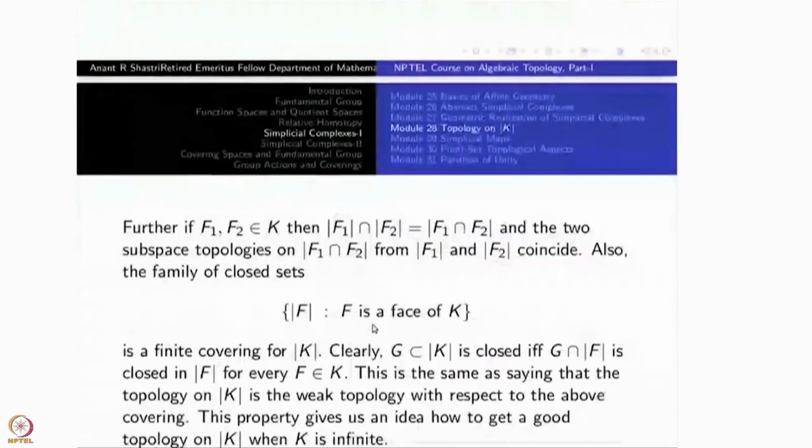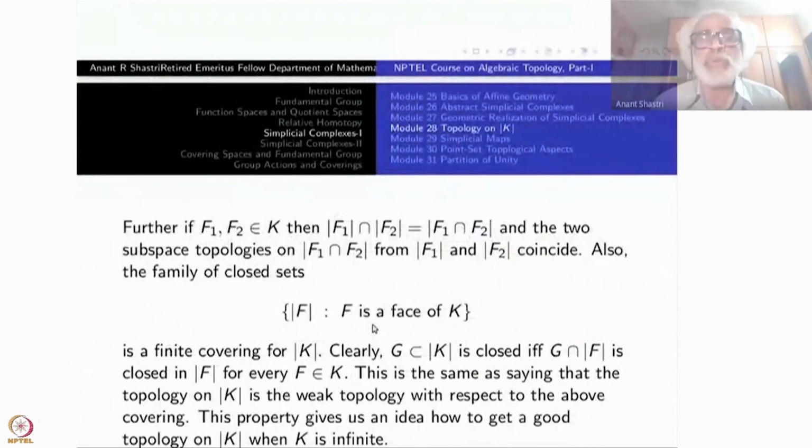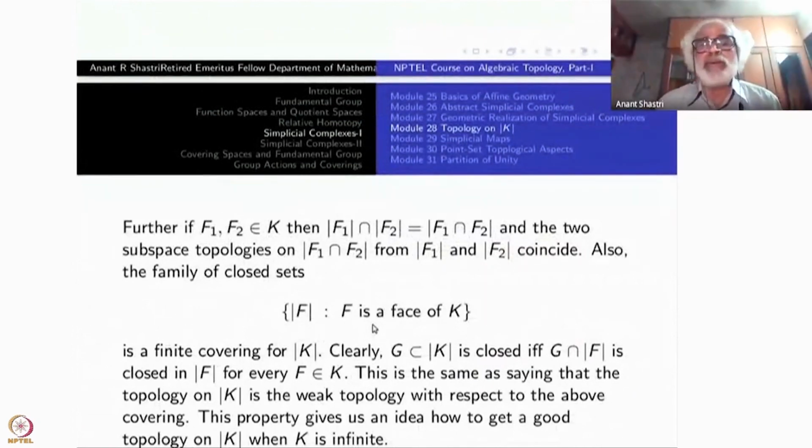Now, inside mod K, what happens to the intersection of F1 and F2? Look at F1 and F2, two simplexes. I can talk about mod F1 and mod F2. They will be subspaces of mod K. I want to say that the intersection is precisely equal to the mod of F1 intersection F2. If F1 intersection F2 is empty, this will be empty.